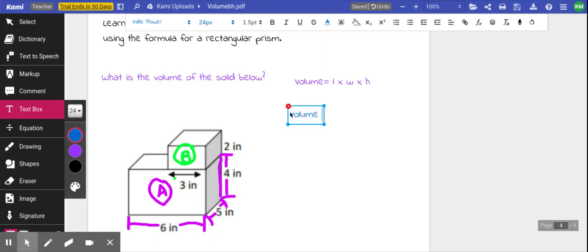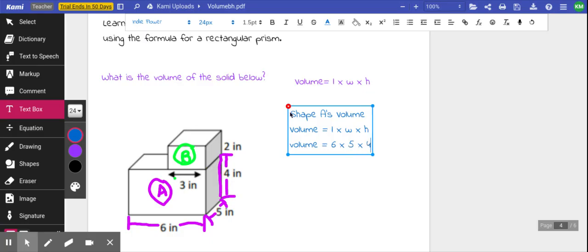And we're going to label it shape A's volume. And we'll write the formula volume is equal to length times width times height. And we'll go ahead and plug in our numbers. We said the length is 6, the width is 5, and the height is 4. And we could go ahead and do our calculations.